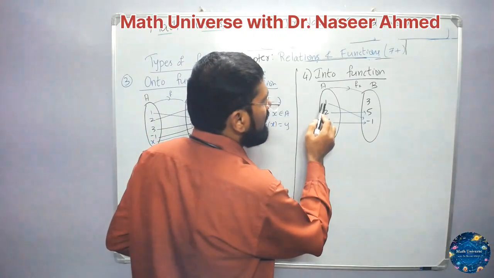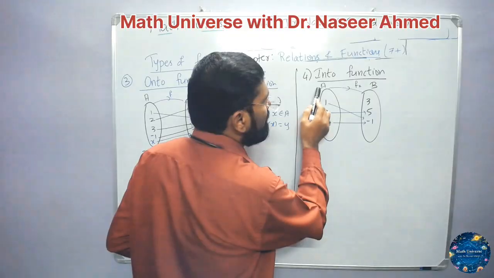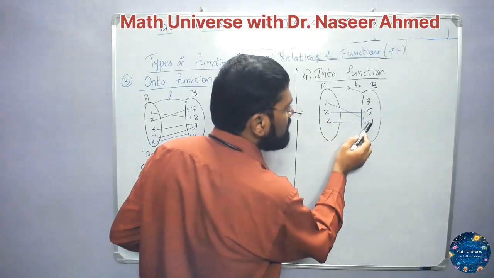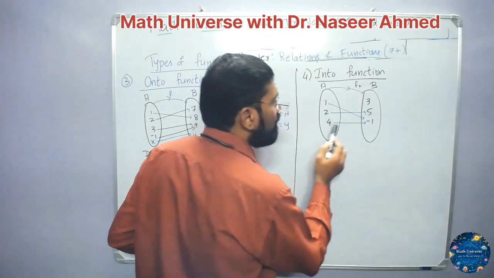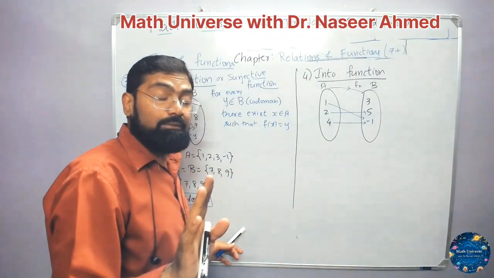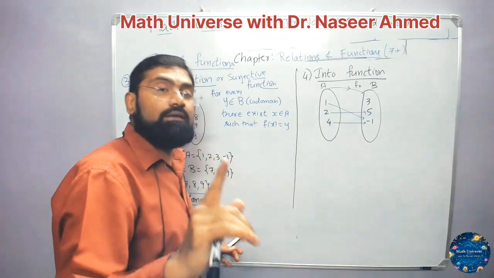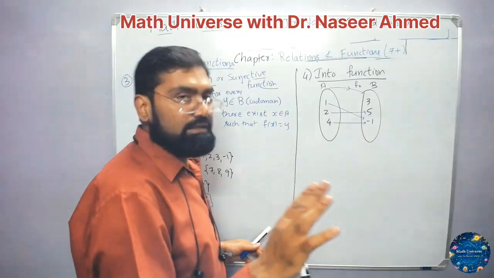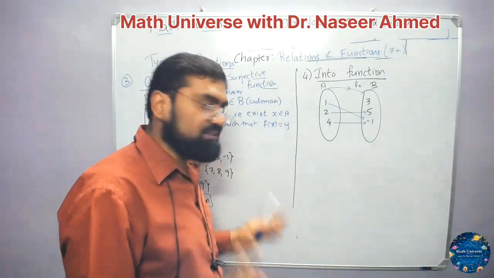All are mapped to one element of B, nothing but they have one image, hence it's a function.